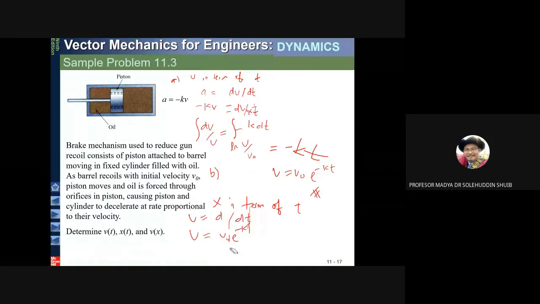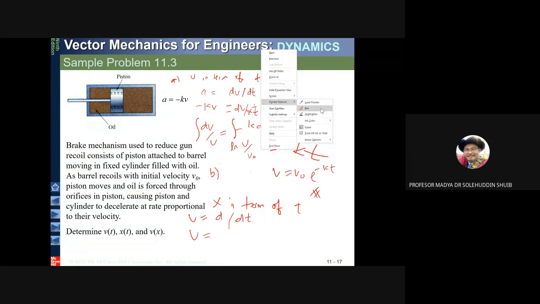This is the x and this is V equal to dx dt.